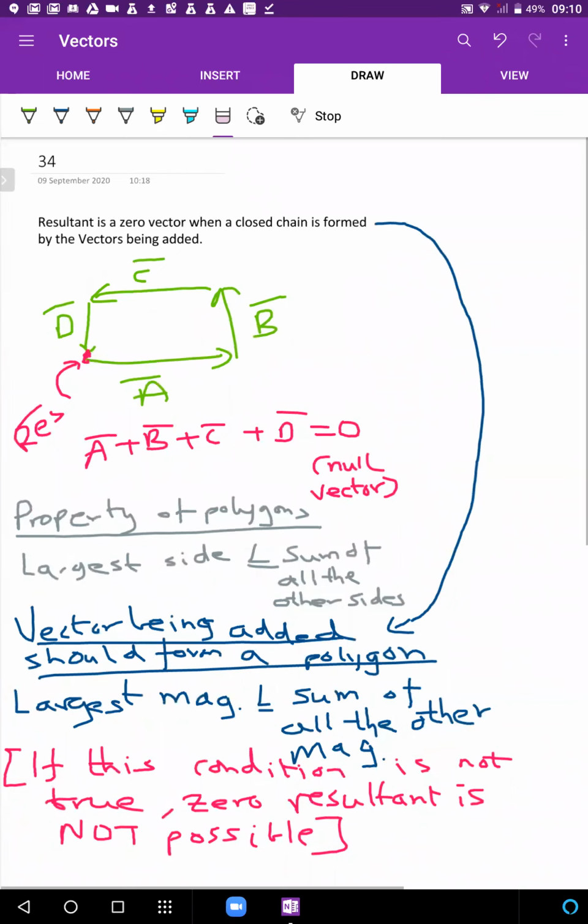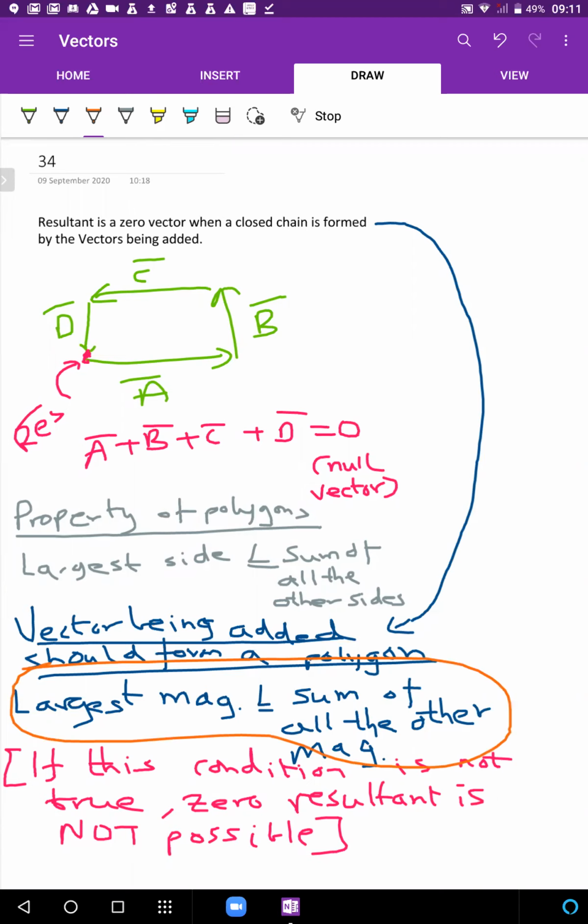The question will be such that they won't give you directions for this. They'll just give you magnitudes of vectors and ask, can these vectors result in zero? So how do you tackle that? You'll see whether this relation is true. Is the largest magnitude less than or equal to the sum of all the other magnitudes?